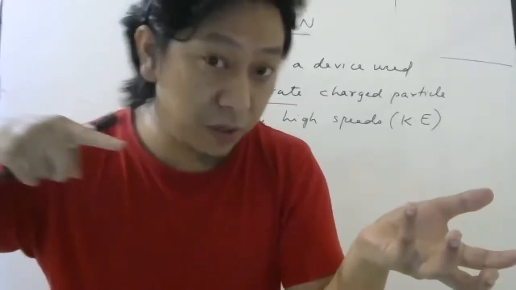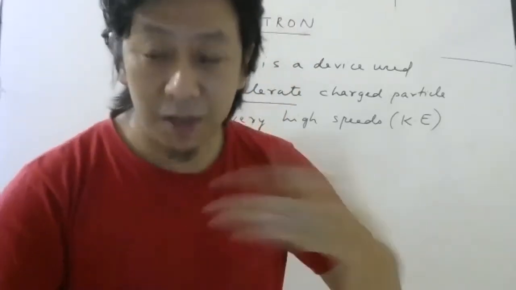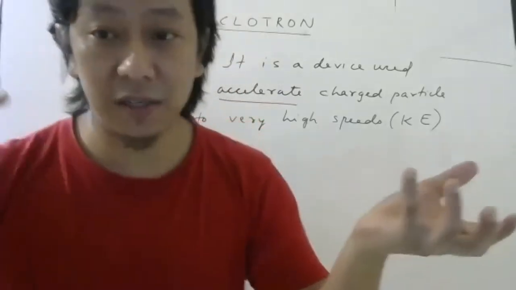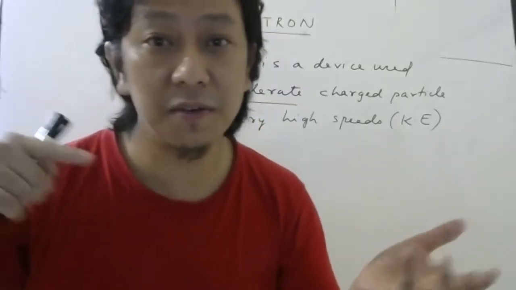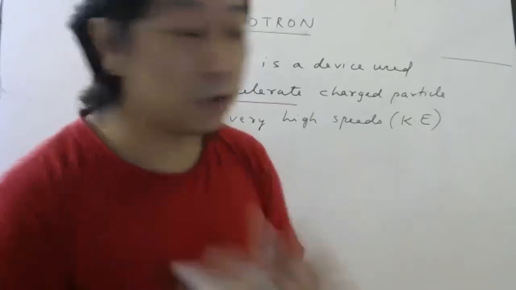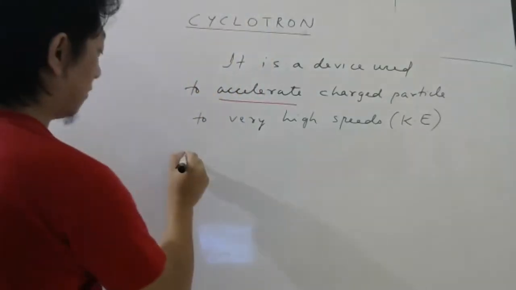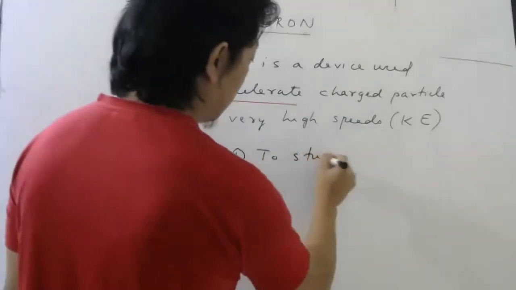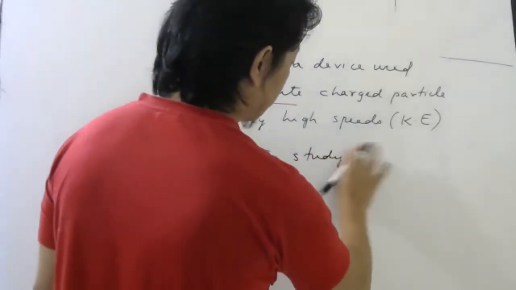But if you want to enter the nucleus and maybe undergo the fission process, then it is important that these charged particles move very fast. So one use of this is to study nuclear reactions.